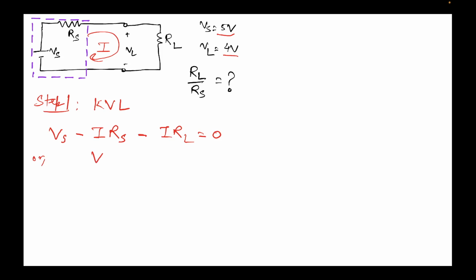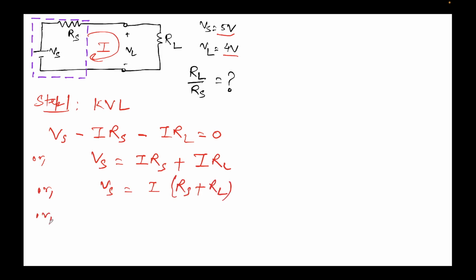Rearranging, I can say that Vs equal to I Rs plus I RL, or Vs equal to I times Rs plus RL. From here we can obtain the value of current flowing through the loop, I equal to Vs over Rs plus RL.